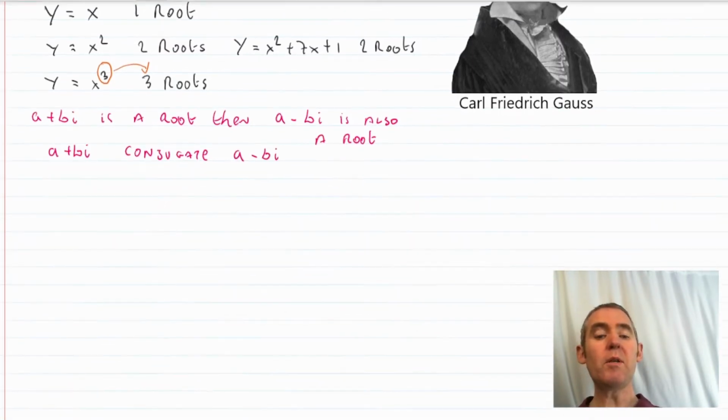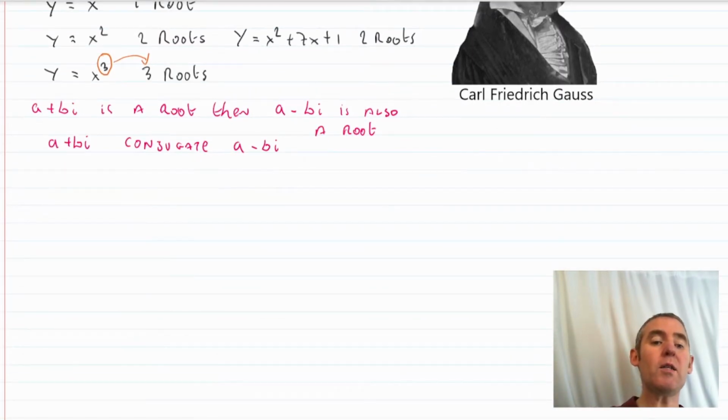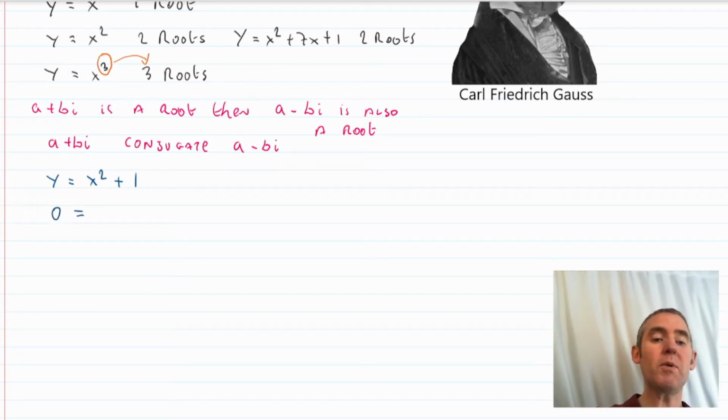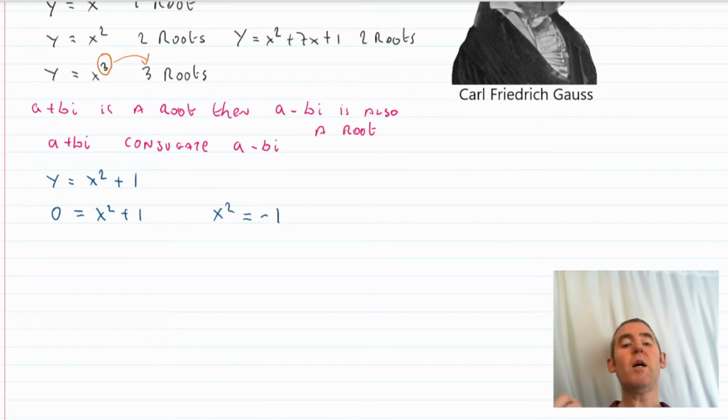We'll give ourselves a little bit more space. Let's take a look at the equation y is equal to x squared plus 1. Now if we try to solve this, we put y equal to 0, so we'll have x squared plus 1 equals 0. So what we could say now is x squared is equal to minus 1.